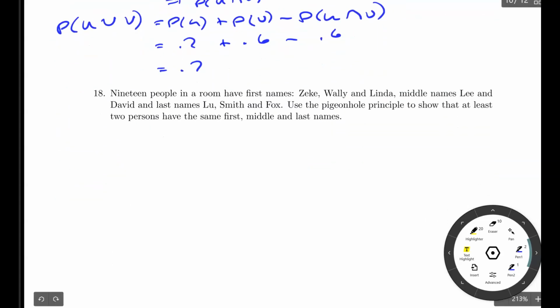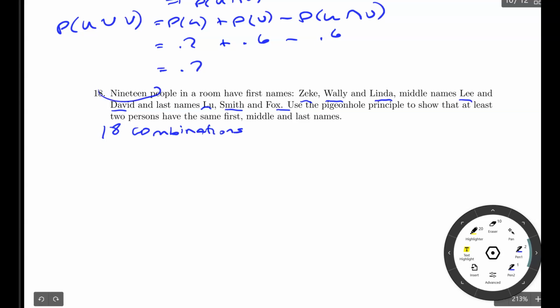All right, last one, pigeonhole. So if I've got all these different names, I've got Zeke, Wally, Linda, Lee, David, one. So I've got how many different combinations? 3 and 2 and 3. So that gives me 18 different combinations of names, right? All right.